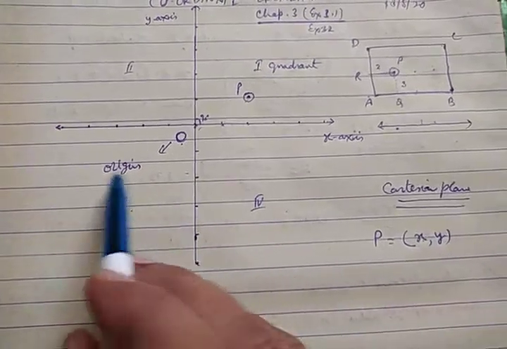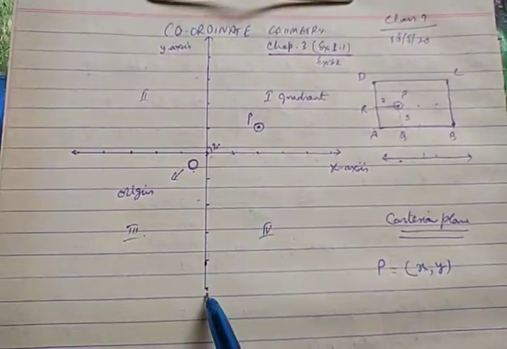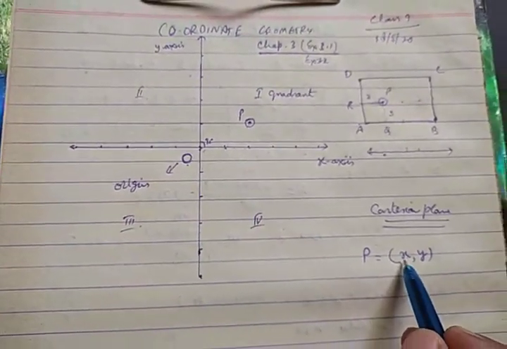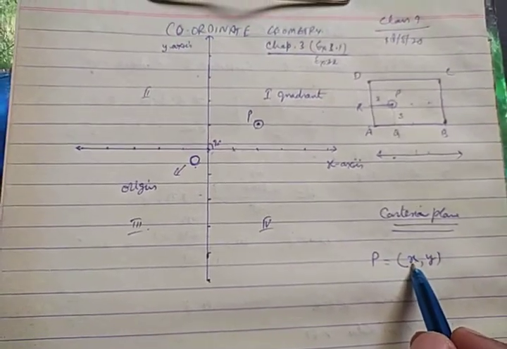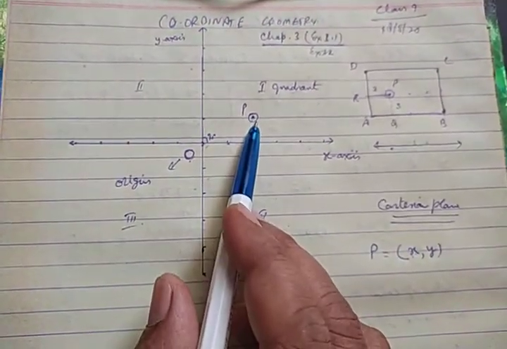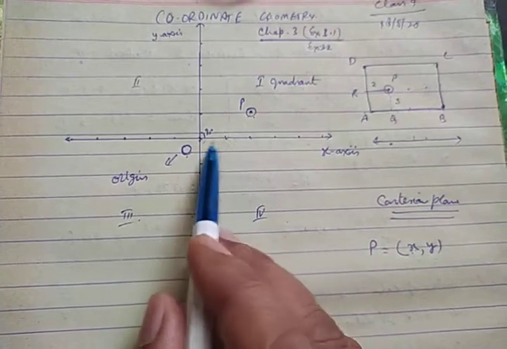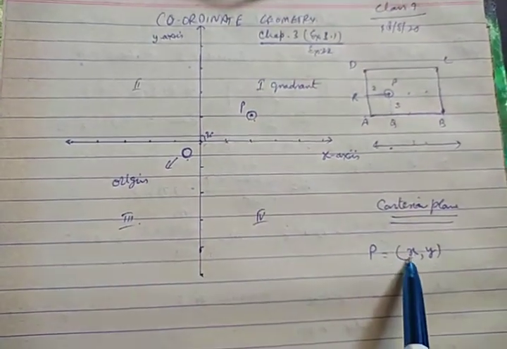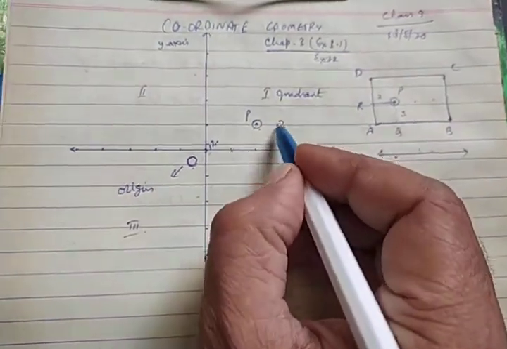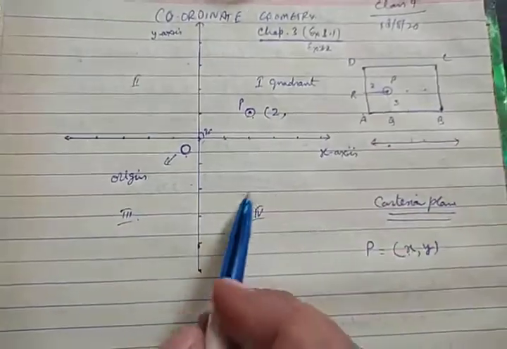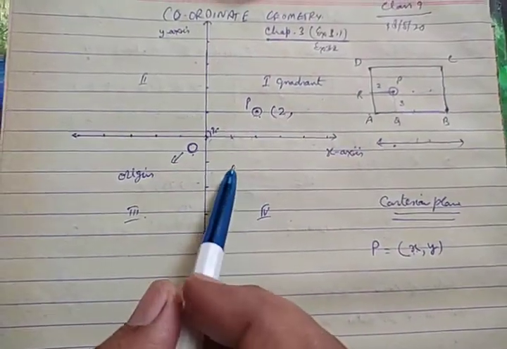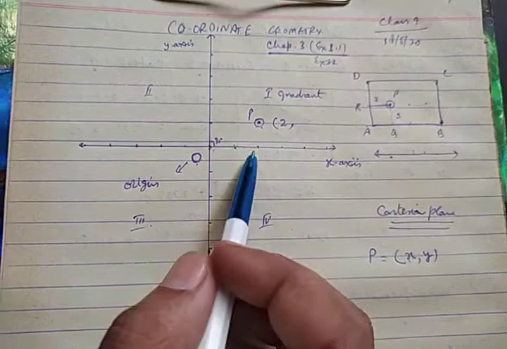X is the x axis, y is the y axis. X means the measurement on the x axis; to reach the point P you have moved 2 units on the x axis. Then 2 will be written in the bracket. First you will write 2, then y, you have moved 1 unit.